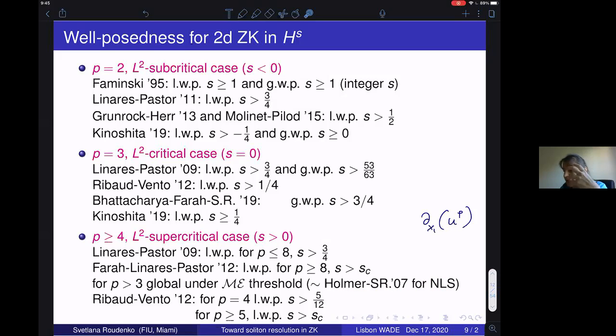This depends on the gradient and on the mass, with a dichotomy. But for the local well-posedness, Ribaud and Vento have probably the best result. For p equals 4, the local well-posedness was s greater than 5/2, and starting from 5, that's the optimal result, s greater than s_c. So this is for the 2D.